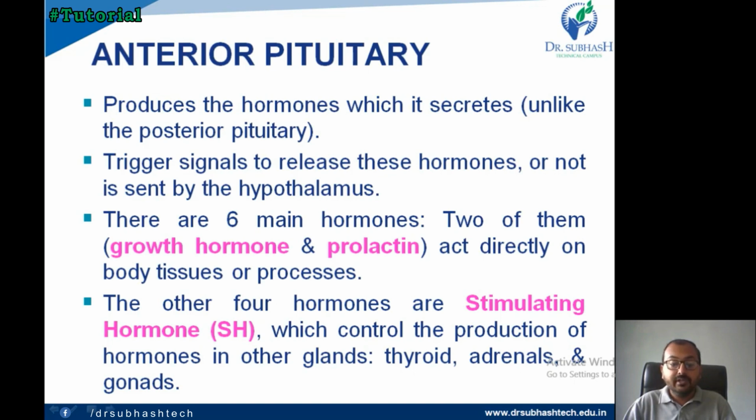Basophilic cells are stained with basic dyes. Their examples are thyroid stimulating hormone, follicle stimulating hormone, luteinizing hormone and prolactin. Whereas chromophobe cells do not take any stain, and their example is adrenocorticotropic hormone or adrenal cortex stimulating hormone.